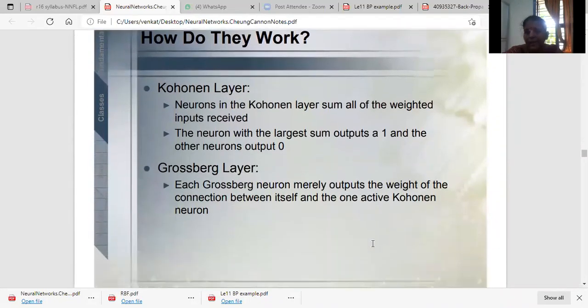So, in the Kohonen layer, neurons in this layer sum all the weighted inputs received. The neuron with the largest sum outputs 1, and the other neurons with small sum will be 0.